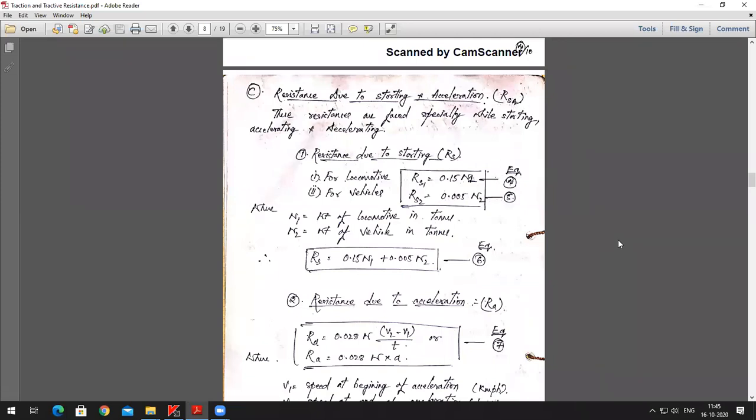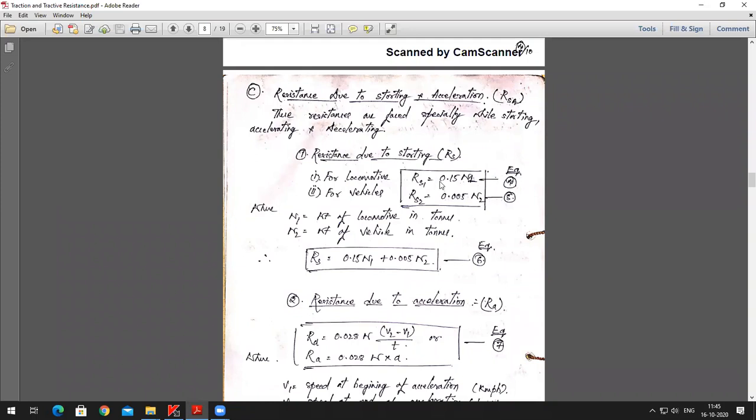Resistance due to starting: if you remember, the train has two components. One is the propelling unit, and the other one is the trailing unit. So for the locomotive, the resistance would be different, and for the wagons, it would be different. The equation for the resistance due to starting, that is RS: for the locomotive, it is denoted as RS1.